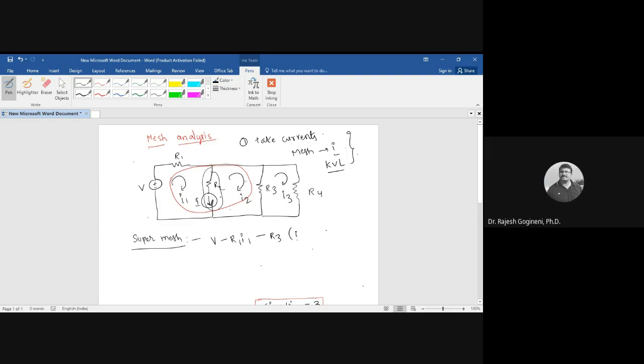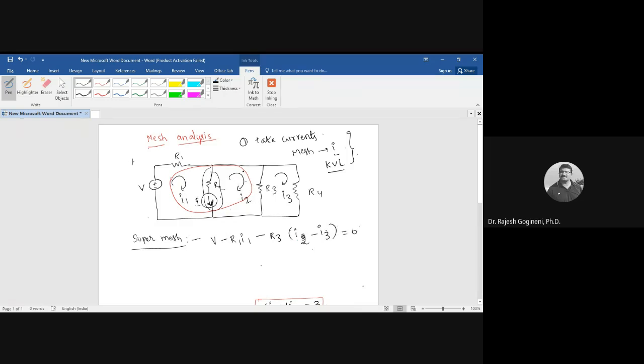I3 minus I2. Sorry, I2 minus I3 equals 0.